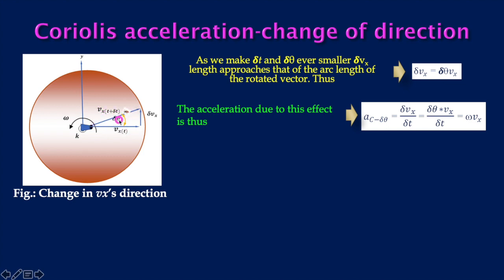If this del theta is very small due to small time, there is a change of this velocity direction. Here we are not considering a significant change of magnitude of this Vx, unlike the previous one. First we considered that Vx is changing in magnitude. Now we are considering that the magnitude of Vx is not changing, rather the direction is changing.